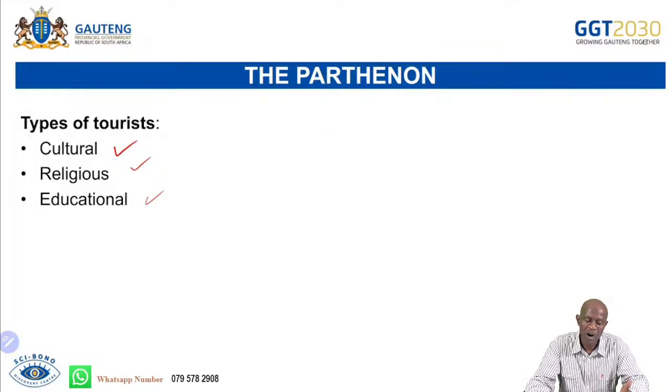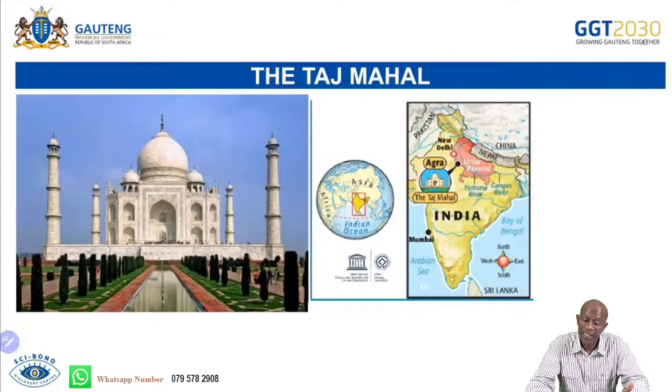It gives you all the cultures, and it's also linked to religion. The next one is the Taj Mahal. The Taj Mahal is located in India, and the continent is Asia, and it is found in the city called Agra.